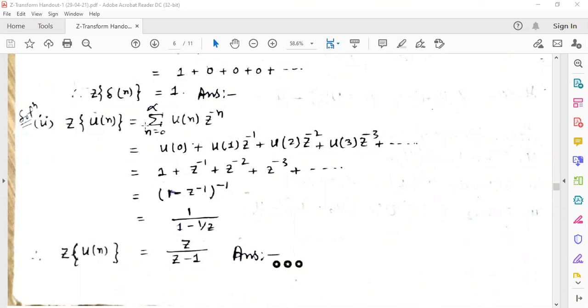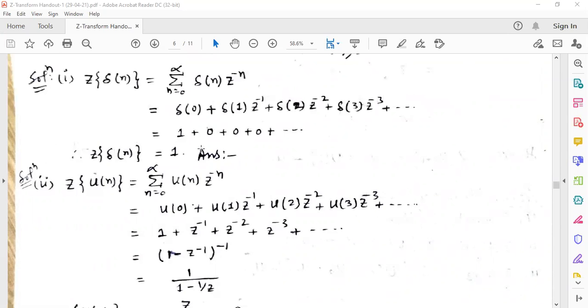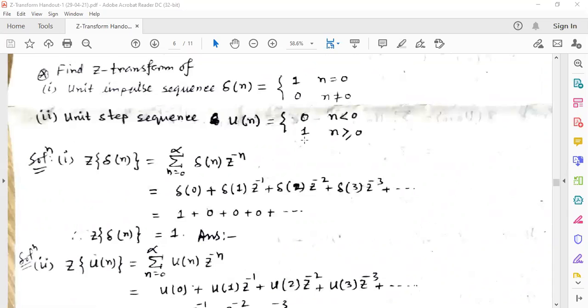Z of un equal to summation n equal to 0 to infinity un z to the power minus n. Now putting n equal to 0, 1, 2, dot dot, we get u0 z to the power 0, which means 1. So u0 plus u1 z to the power minus 1 plus u2 z to the power minus 2 plus u3 z to the power minus 3 plus dot dot dot. Now look at the definition of the unit step sequence: when n is greater than or equal to 0, that is 0 or 1, 2, 3, 4, the value of un equals 1.